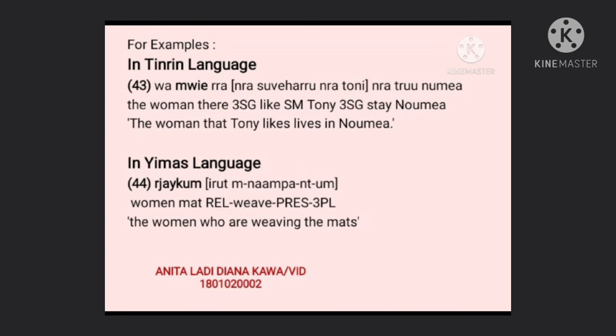Just as in English, the example from the Melanesian language Tinrin has a gap in the direct object position within the relative clause, the object of the verb likes. The relative clause is not introduced by any relative pronouns or other special markers.